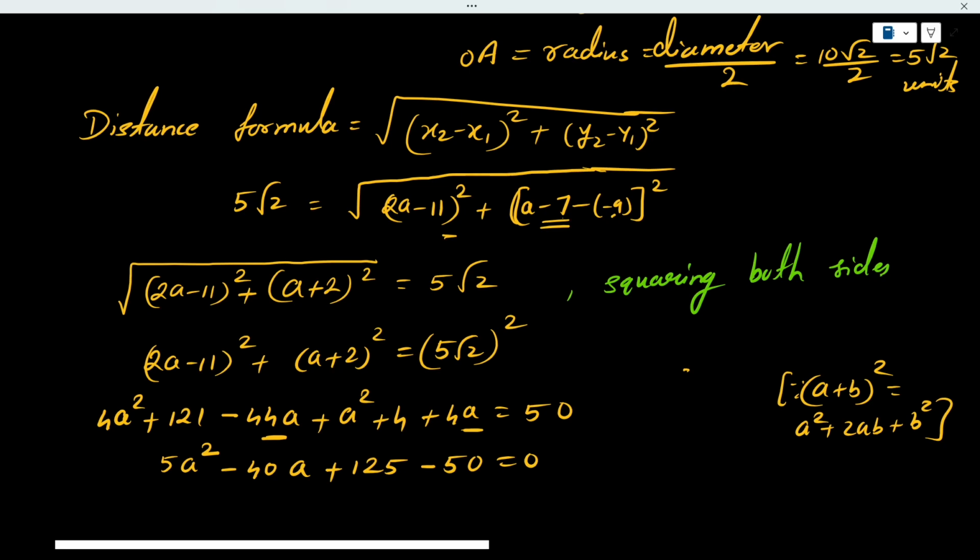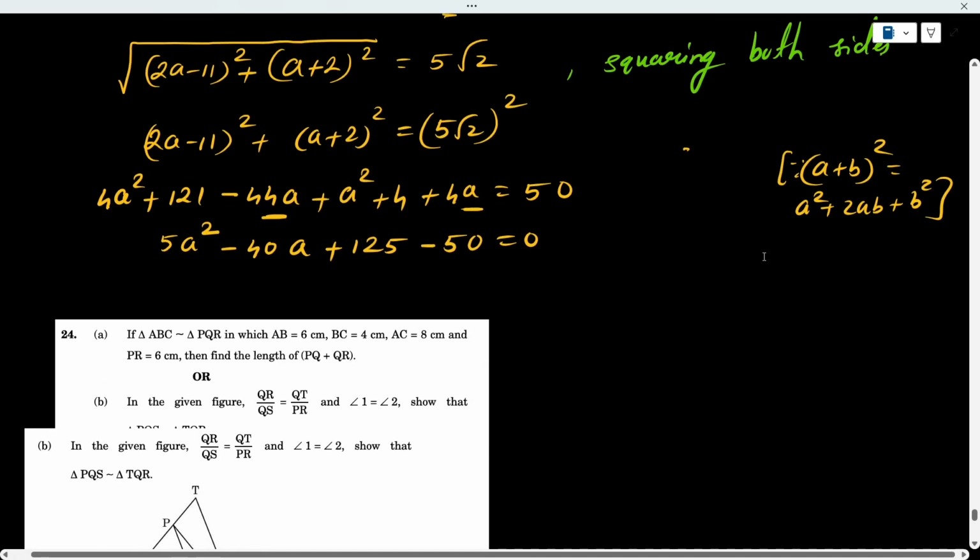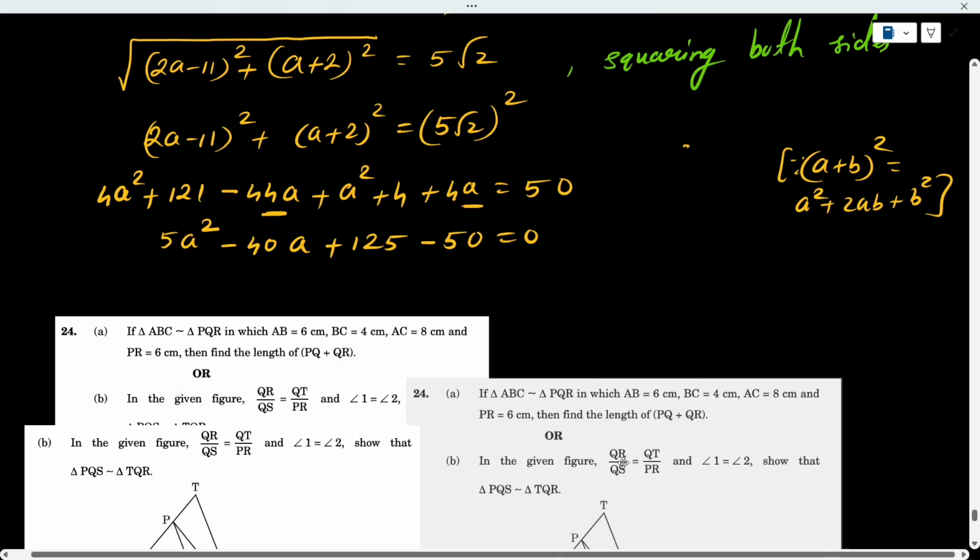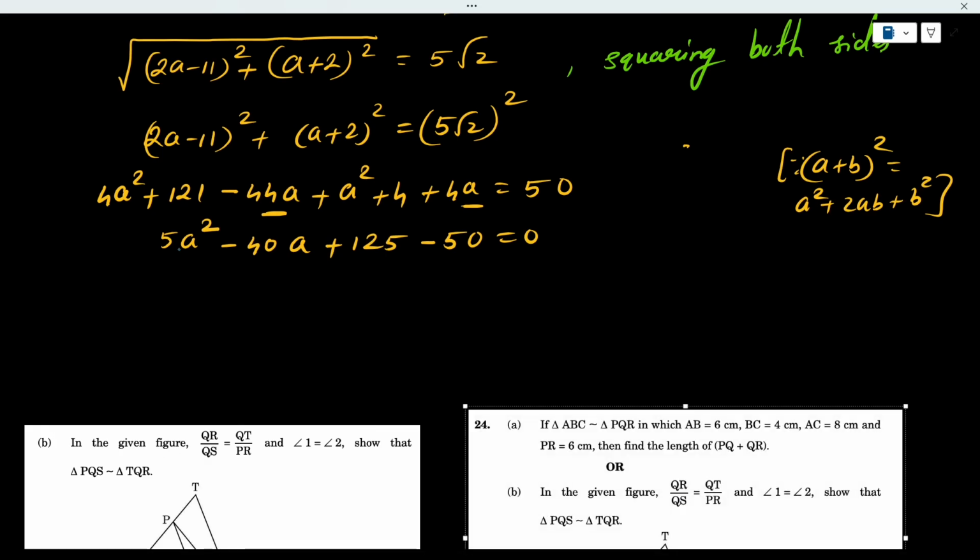You see that this is nothing but a quadratic equation. I am trying to get the simplest form of the quadratic equation here, right? So it will be 5a square minus 40a, and 125 minus 50 will become plus 75 equals 0.